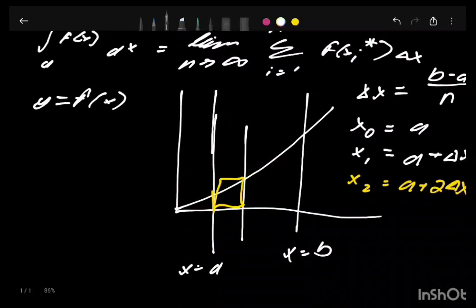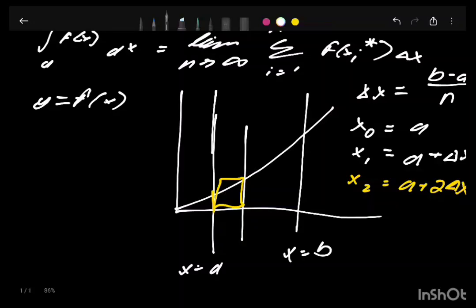Now that we have that, we can find the area of this rectangle by multiplying our length, which we got was f of x sub i asterisk, times its width, and then we will get the area of this one rectangle.